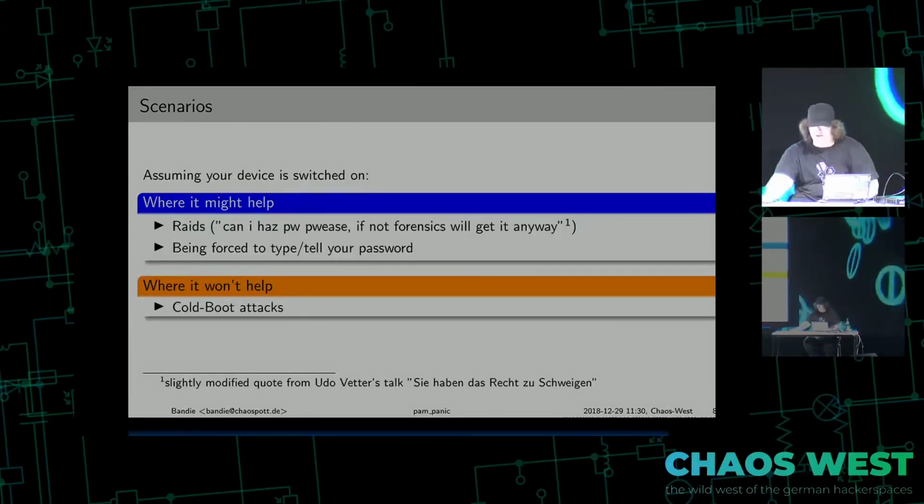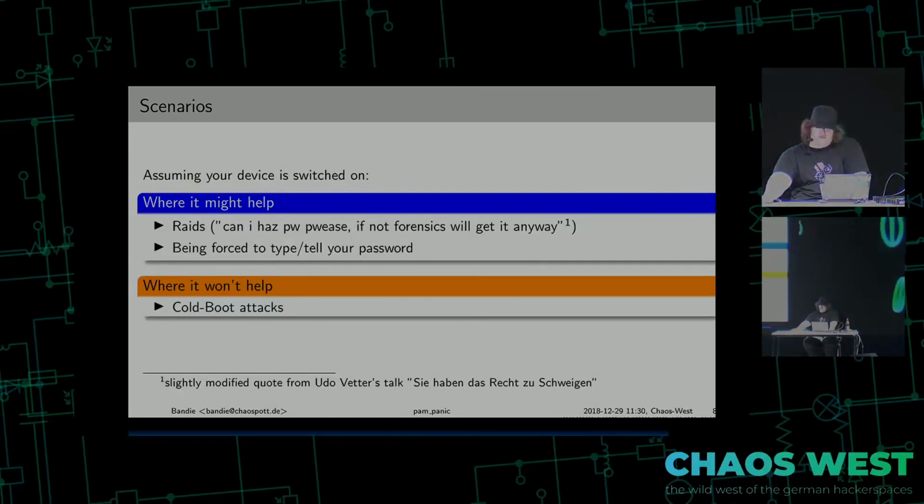Where it might help: I'm quoting Udo Vetter from an earlier talk, where the police tried to stress a raid at once, saying, hey, give us the password of your encrypted file system, or the forensics will get it anyway, so give it. No, nice try.